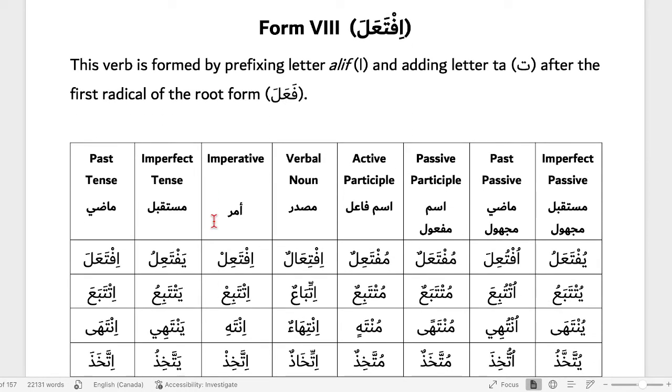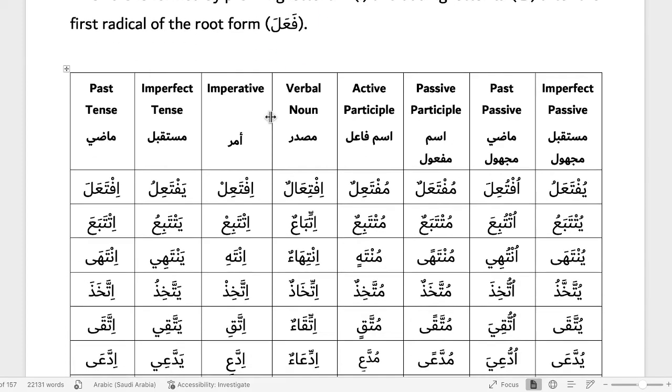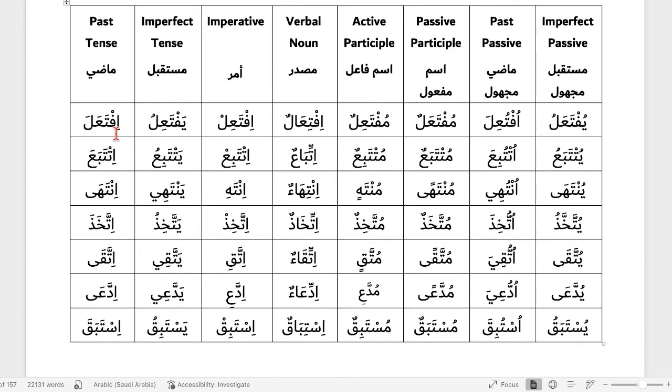Form 8. This verb form is formed by prefixing the letter alif and adding ta after the first radical of the root form fa'ala. So you see alif is added and ta is added. Any verb, if you add these 2 things, becomes a new form. So this is the pattern. Ifta'ala, yafta'ilu, ifta'il, ifti'alun, muftai'lun, mufta'alun, ufti'ila, yufta'alu.